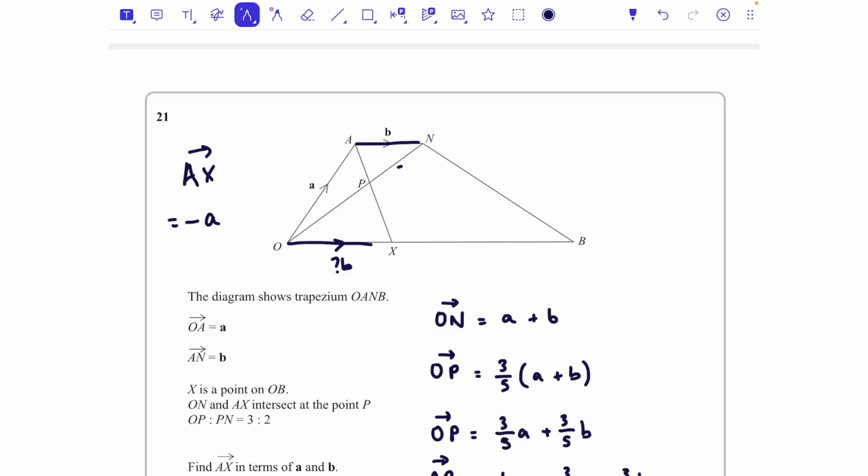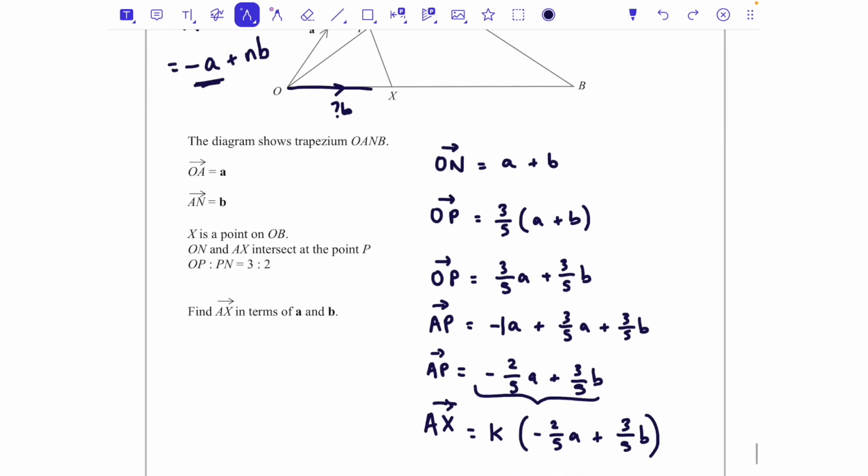So I'm going to say that A to X is minus A, add, let's say, n lots of B. But there's going to be no more A's added. To get from A to X, we're going down here and across here. So it's only going to be minus A and some lot of B.